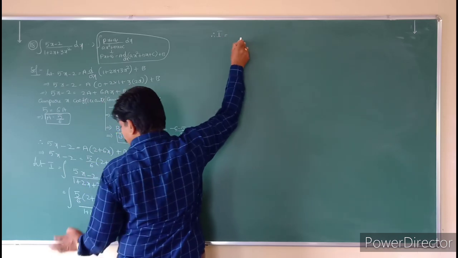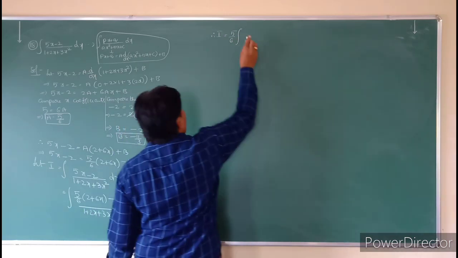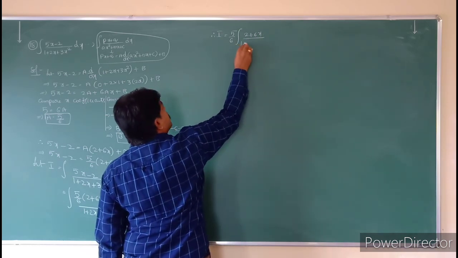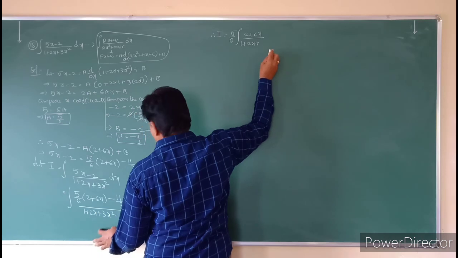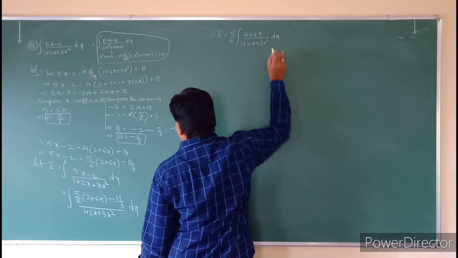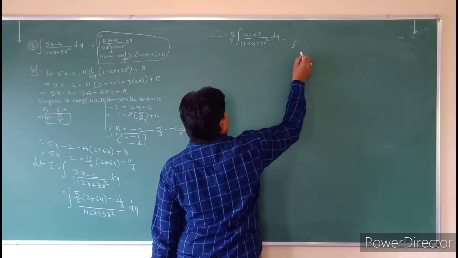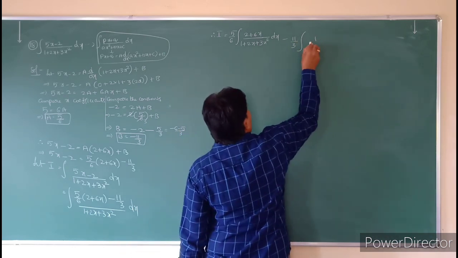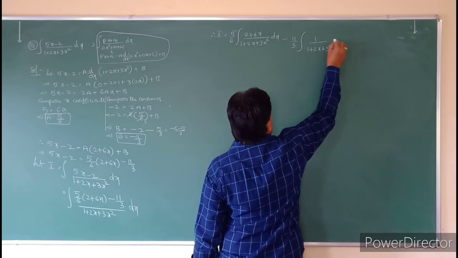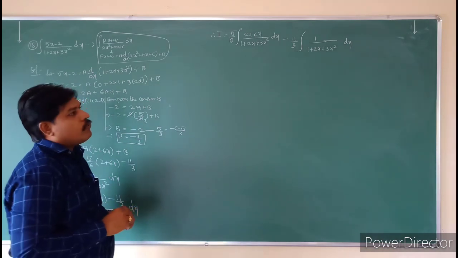Therefore I is equal to 5 by 6 times the integral of 2 plus 6x by 1 plus 2x plus 3x square into dx, minus 11 by 3 into the integral of 1 by 1 plus 2x plus 3x square into dx. So I have just separated the terms. This form we have already done.